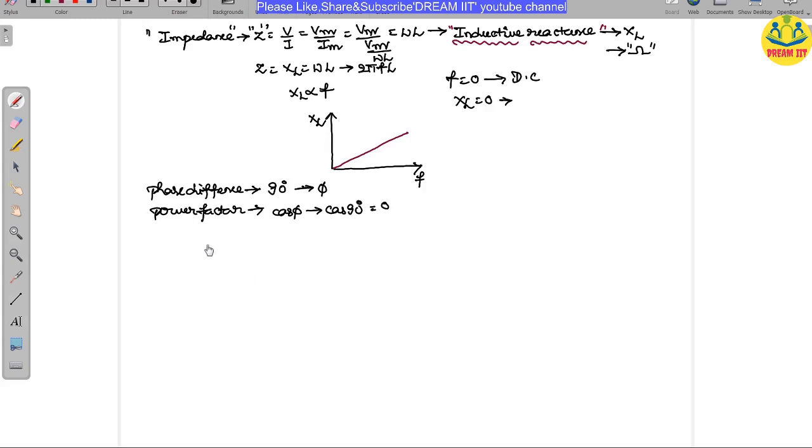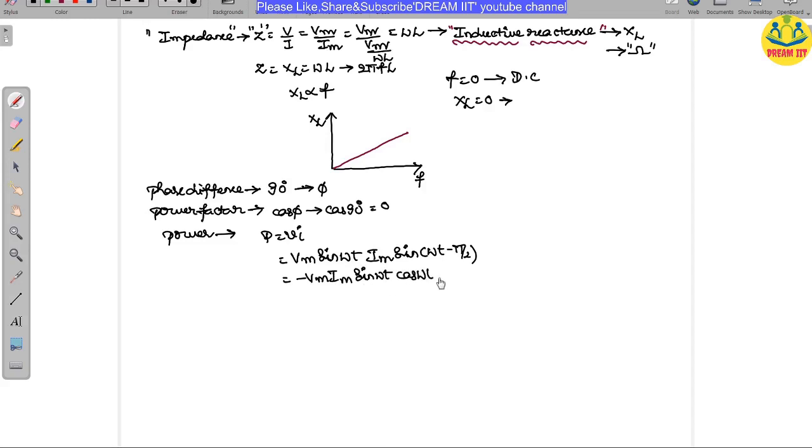Power P is equal to VI, that is Vm sin omega t times Im sin of omega t minus pi by 2. So we can write minus Vm Im sin omega t cos omega t.